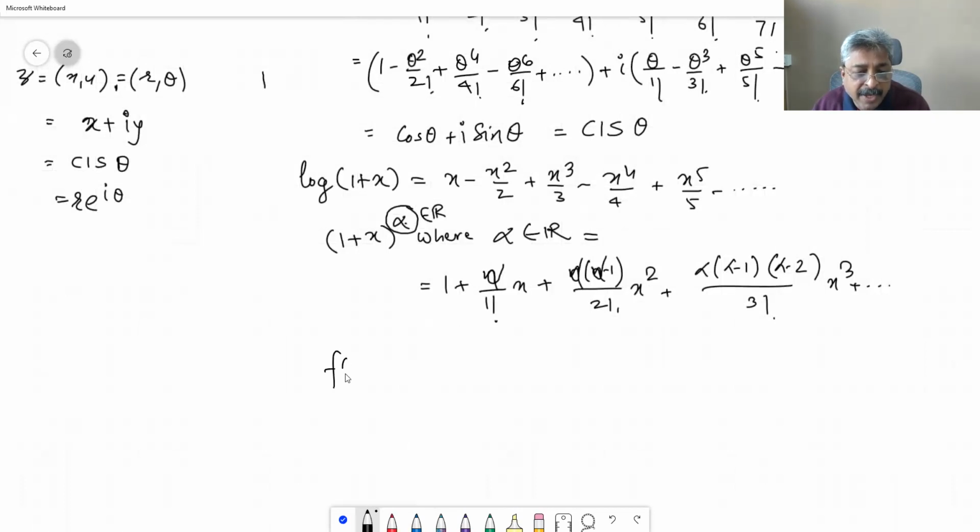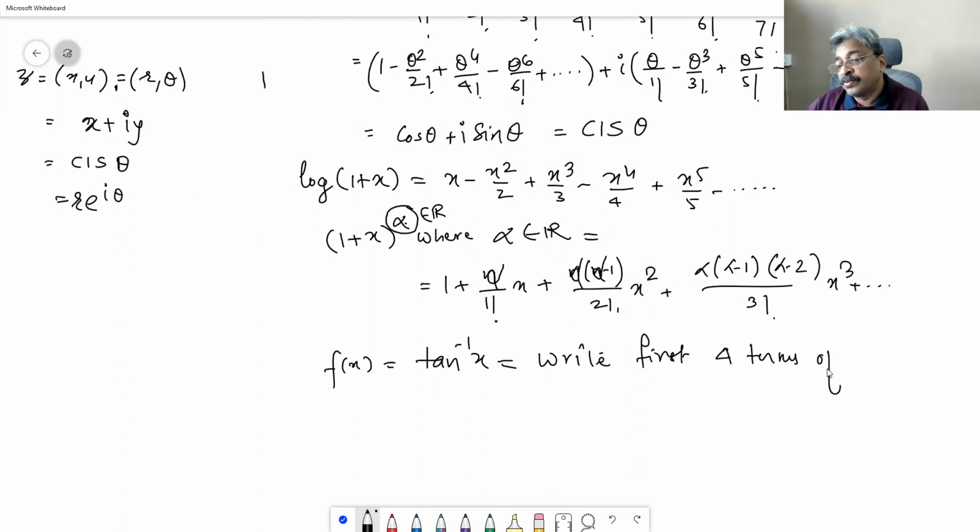You try this. F of x is equal to tan inverse x. Can you get successive differentiations and generalization of derivatives, or at least write down the first 4 terms of expansion?